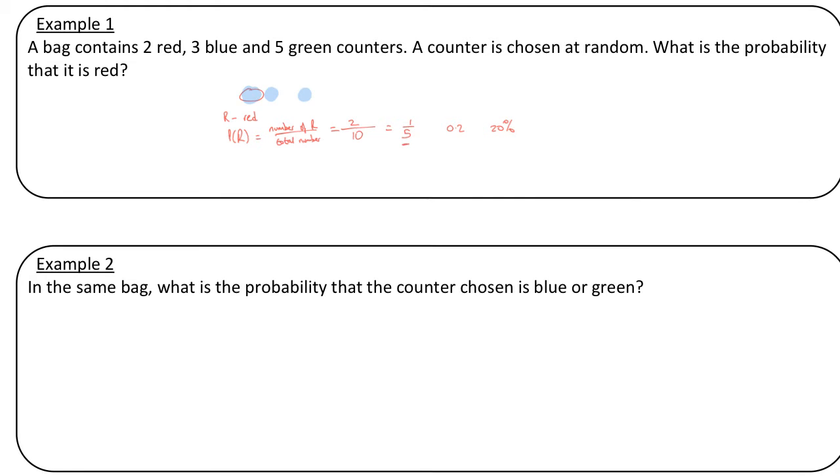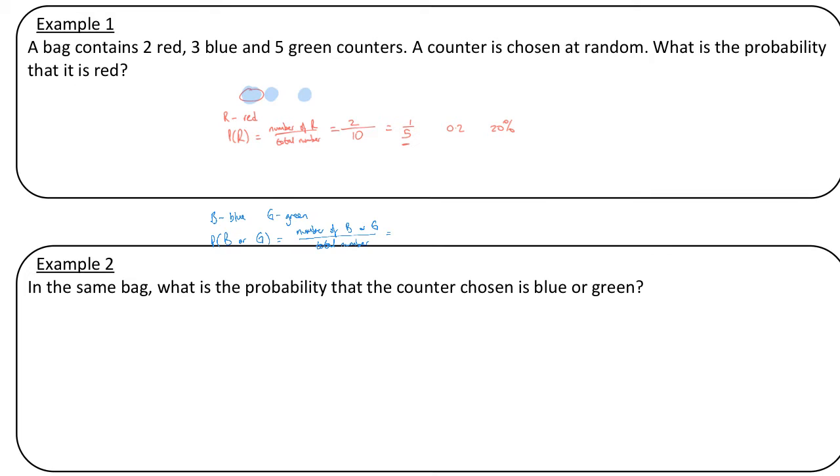But 1/5 is fine. In the second example, we're looking at the same bag: what's the probability of blue or green? B is going to represent blue, G is going to represent green. So we're looking at the probability of blue or green, which is going to be the number of blue or green divided by the total number.